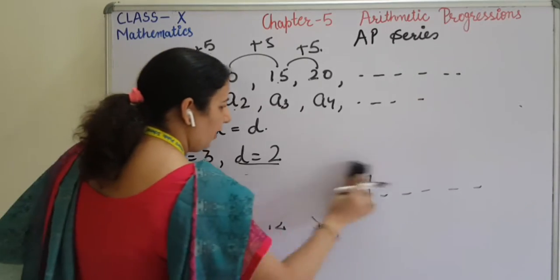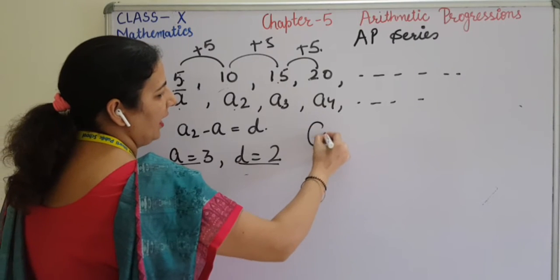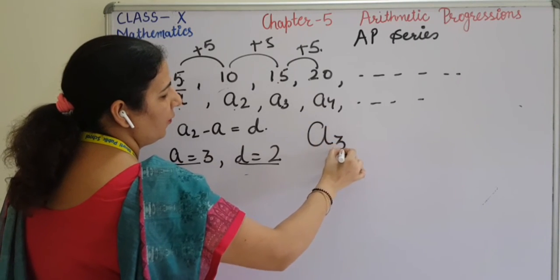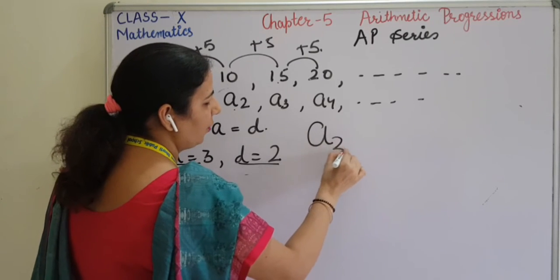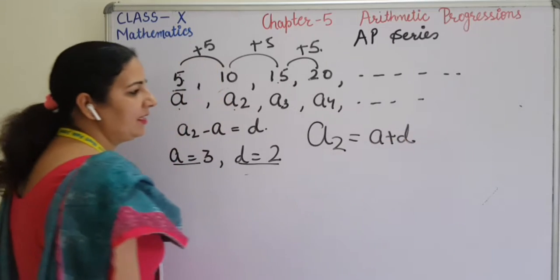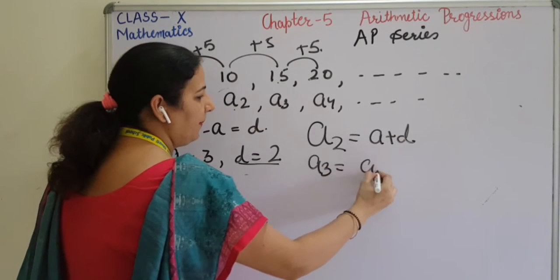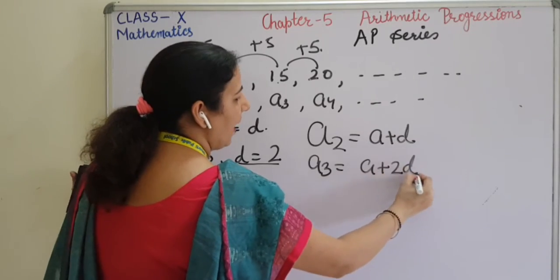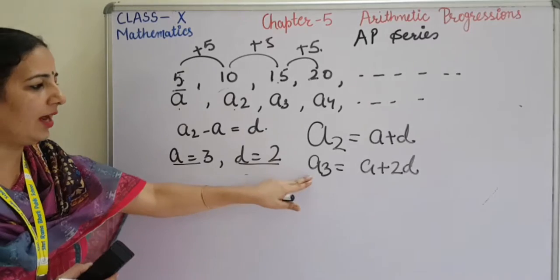So the formula for the same will be written as follows. If you want to calculate A3, first let me start with A2. How have you calculated A2? A plus D. How have you calculated A3? A plus 2 times D. If you add D twice to A, you get A3.